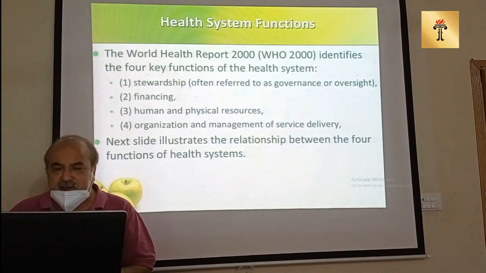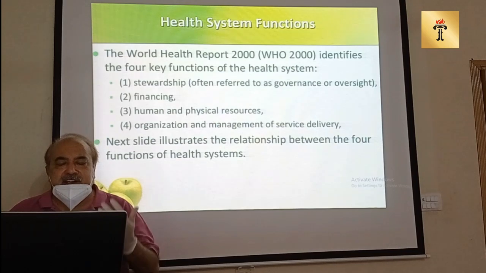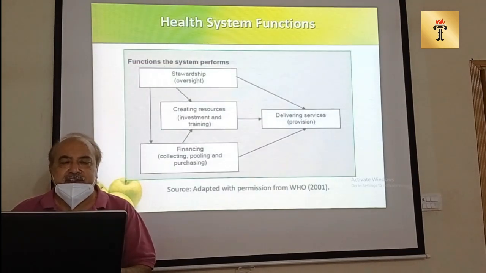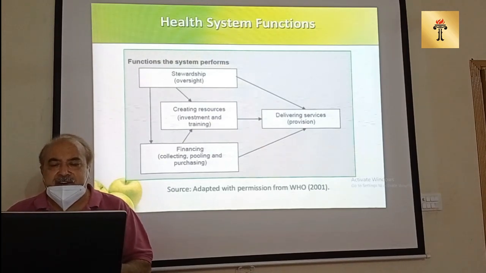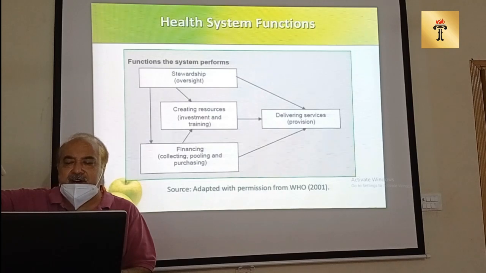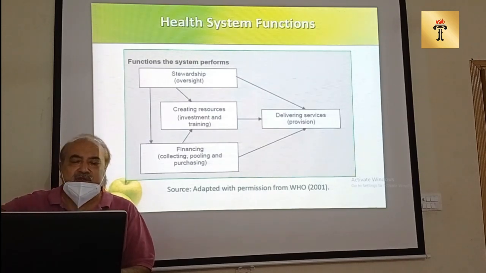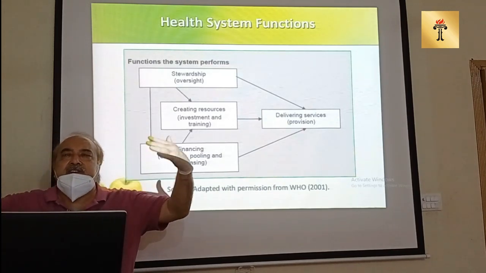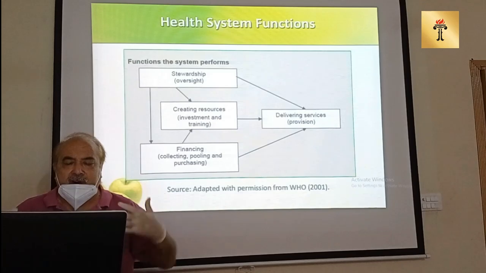So there is a relationship of all these 4 functions, and these are interrelated. The oversight is related with the delivering of services, it is related with creating resources, it is related with the financing. So stewardship is the oversight, it's above all.